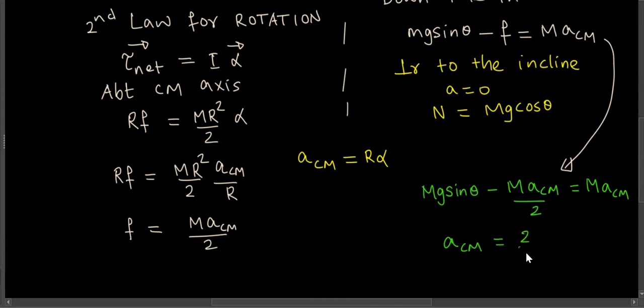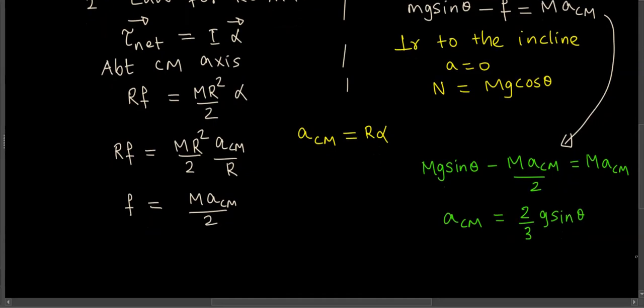It is 2/3 of g sine theta. You're okay? Now we have acceleration. Now once you have acceleration, from here you can get angular acceleration. Angular acceleration is simply you divide by r. So the angular acceleration for the disk about center of mass axis is g sine theta by r.